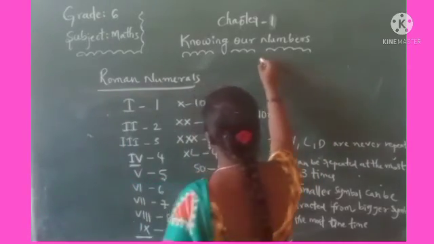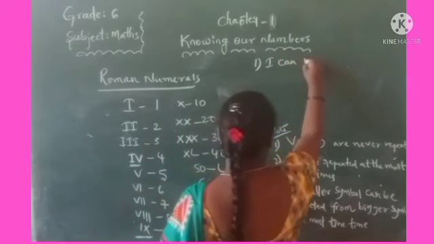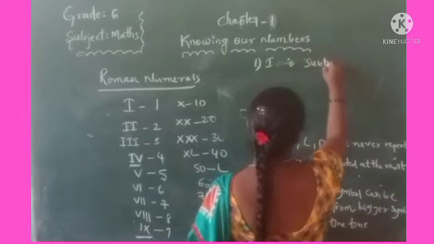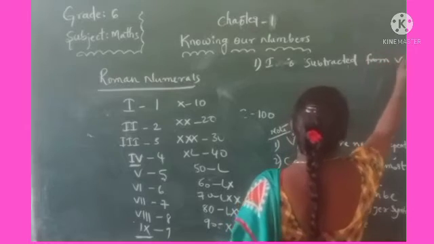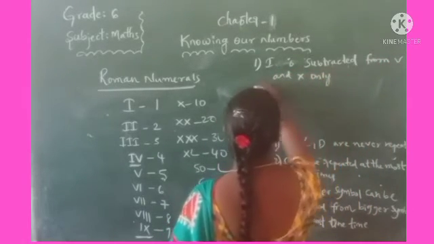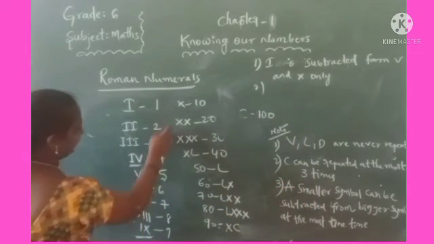Some more conditions here. I can be subtracted from V and X only. And here, see the X value.